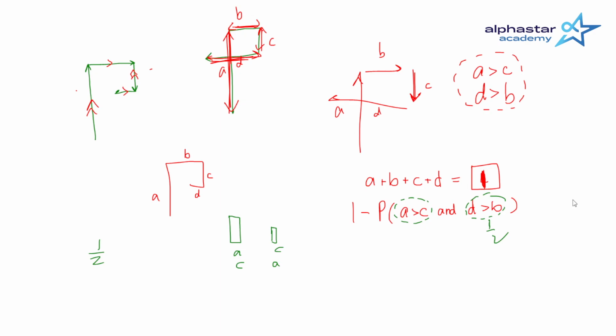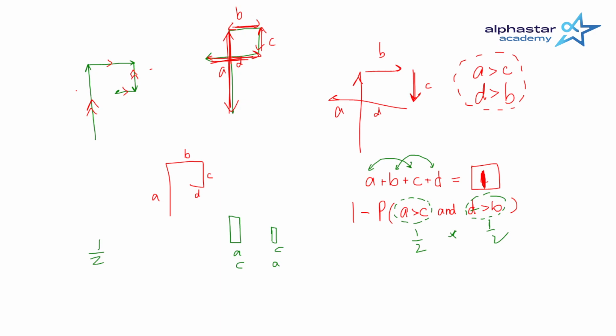There's no real correlation between these two. In fact, these 2 events, A greater than C and D greater than B, are entirely independent, because we can always swap A and C, and similarly we can always swap B and D. There's no preference between the two variables. So our probability here is just 1/2 times 1/2.